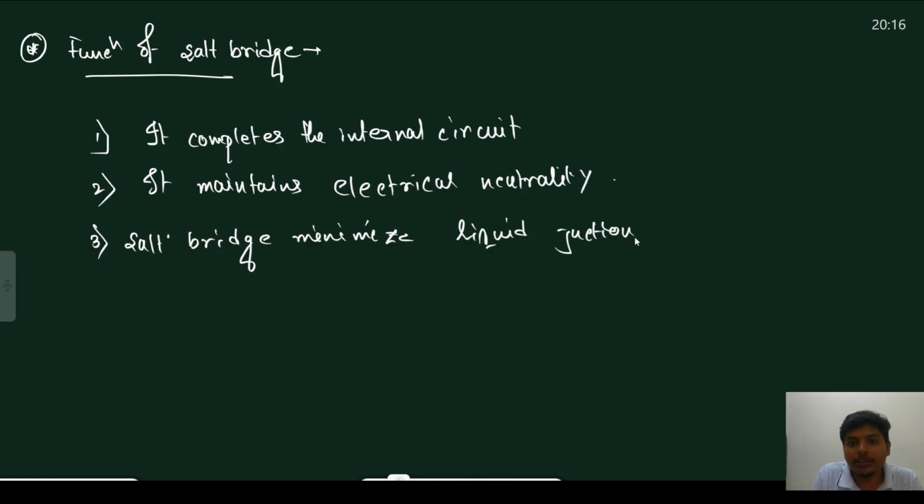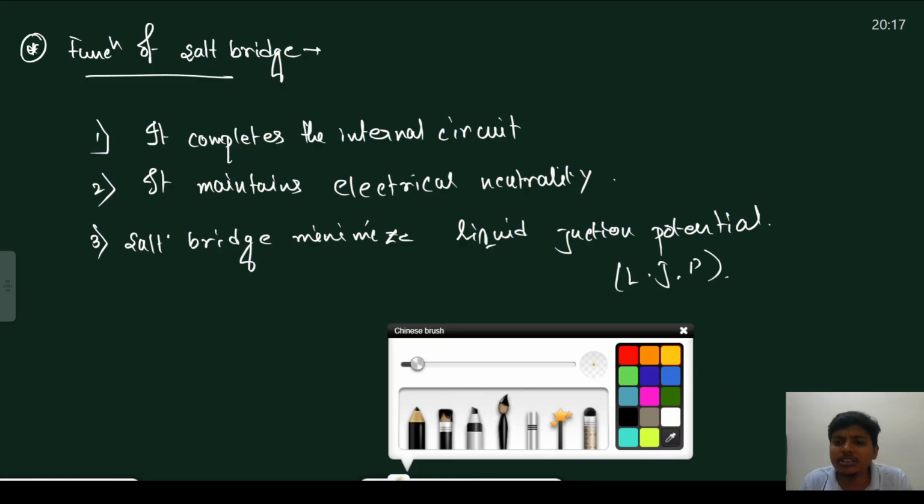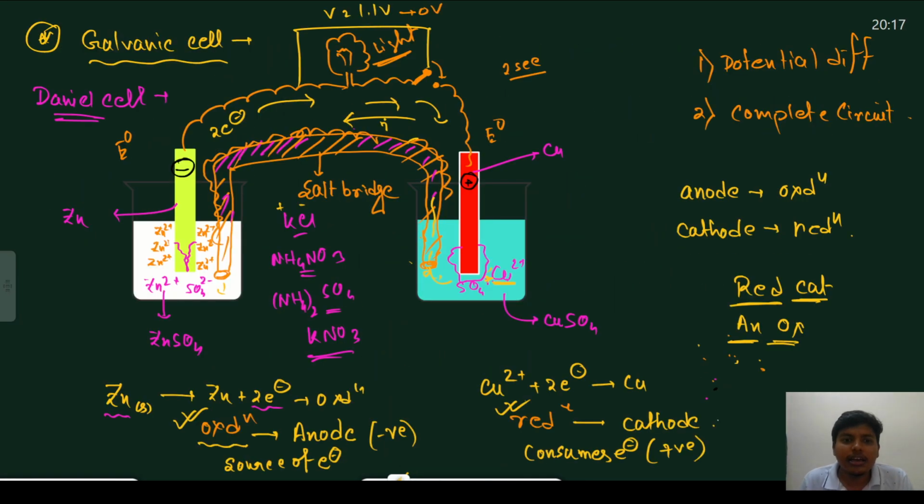Now what is the liquid junction potential? Here this liquid has Zn2+, it has some potential, and Cu2+ has some potential.